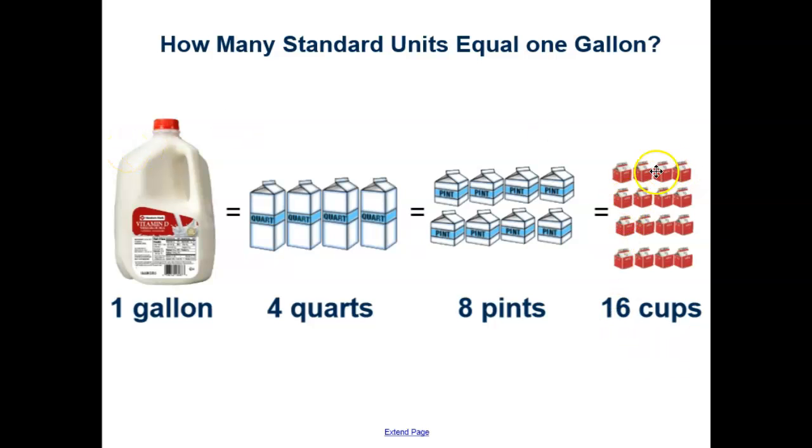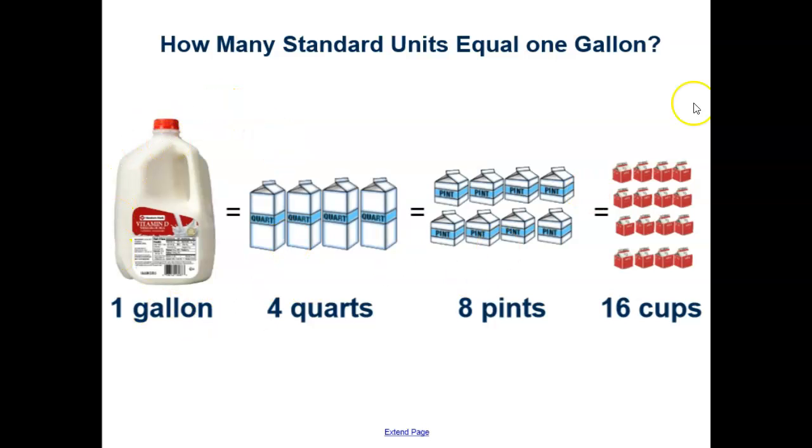And 16 cups is equal to 1 gallon. That's why a gallon of milk lasts in your fridge for a very long time, because there are 16 cups in a gallon. So it would take you 16 times pouring 1 cup to enjoy with a meal to finish the entire gallon.